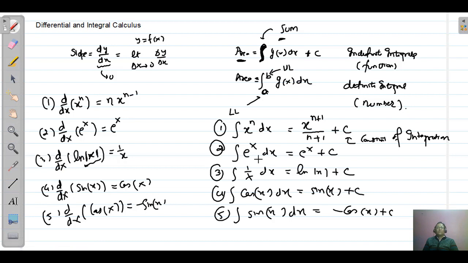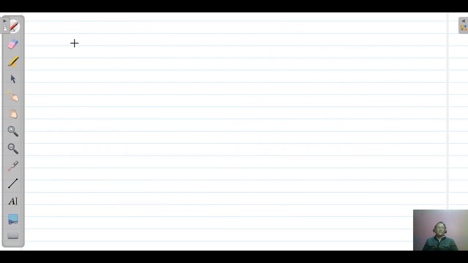Now, with this brief description, we have to derive the equations of motion using differential and integral calculus. We know that acceleration is the rate of change of velocity. That means acceleration a is dv by dt in differential terms. This implies that dv equals a dt. Now we integrate it.